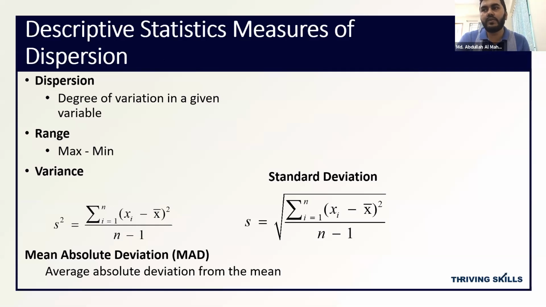Suppose I am telling you the CGPA of one class is 3.3 plus minus 0.5 standard deviation. It means the upper range could be 3.3 plus 0.5, that is 3.8, and the lower range could be 3.3 minus 0.5, that is 2.8. So the lower the deviation, the better the nature of the data.